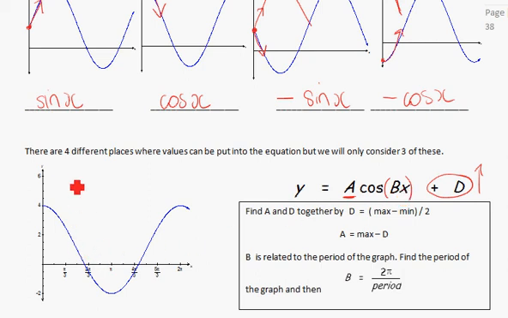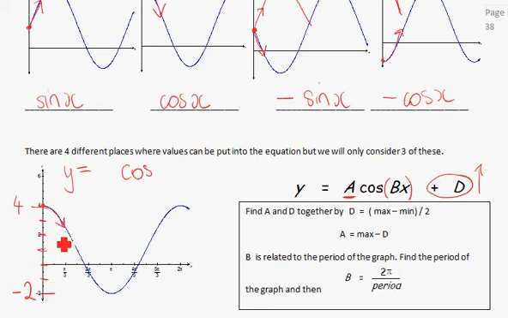So looking at our graph here, we start with y equals, of course. I can see that it's starting, here's the y-intercept, and coming down, so it's clearly a cos graph. The maximum here is 4, the minimum value is -2, and halfway between those, you can work it out, or we could put in some values to help ourselves.